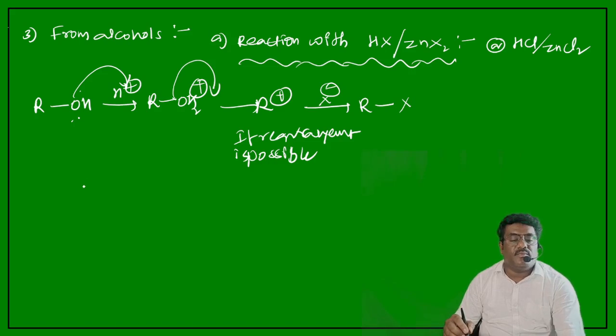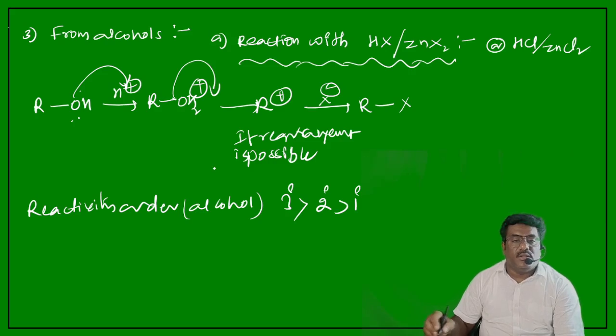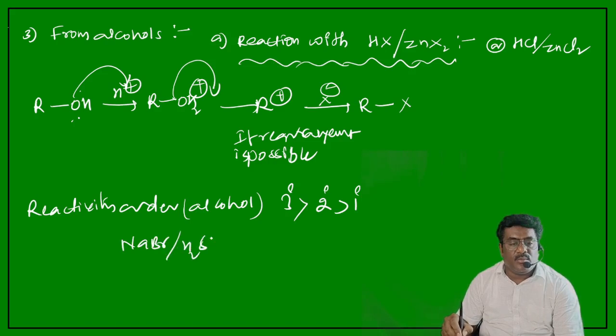Next, what is the reactivity order of alcohol? Tertiary alcohol is greater than secondary, which is greater than primary alcohol. In this reaction, we can also use sodium bromide in H2SO4. It produces hydrogen bromide.